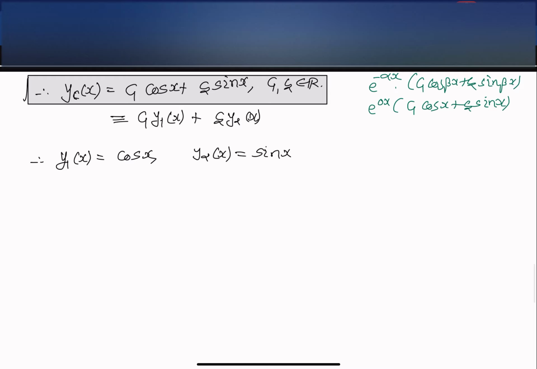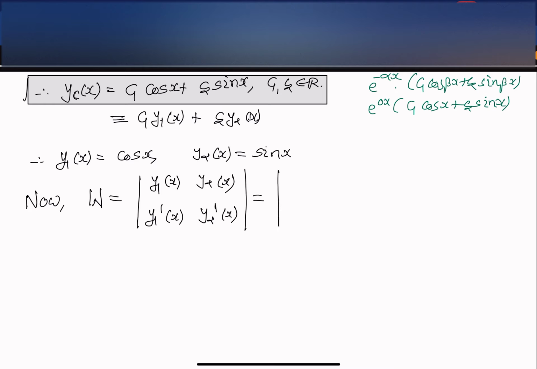And therefore, what is the Wronskian? How do we define the Wronskian? y1, y2, derivative of y1 I am writing here, derivative of y1 and derivative of y2. So let us write, what is y1? It's cos x, y2 is sin x, y1 dash. So the derivative of cos x is minus sin x.